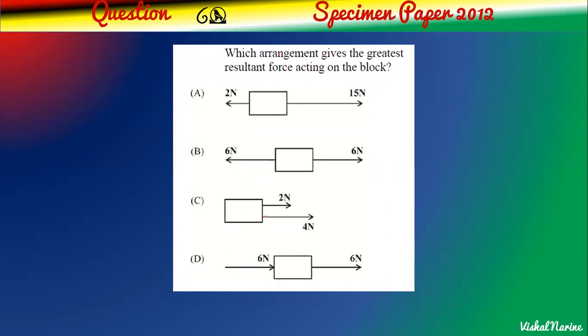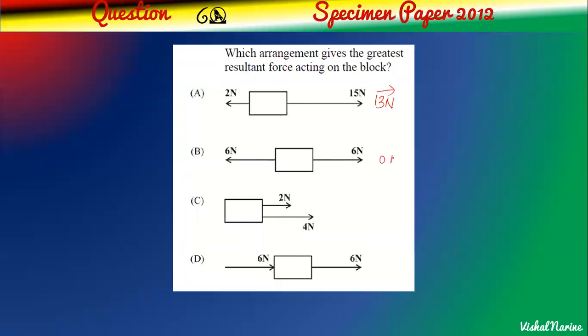Question 60. Which arrangement gives the greatest resultant force on the block? So let's calculate each one of them. When they're going in different directions, we subtract. So this is going to be 13 newtons going this way here. Again, we subtract because they're going in different directions.